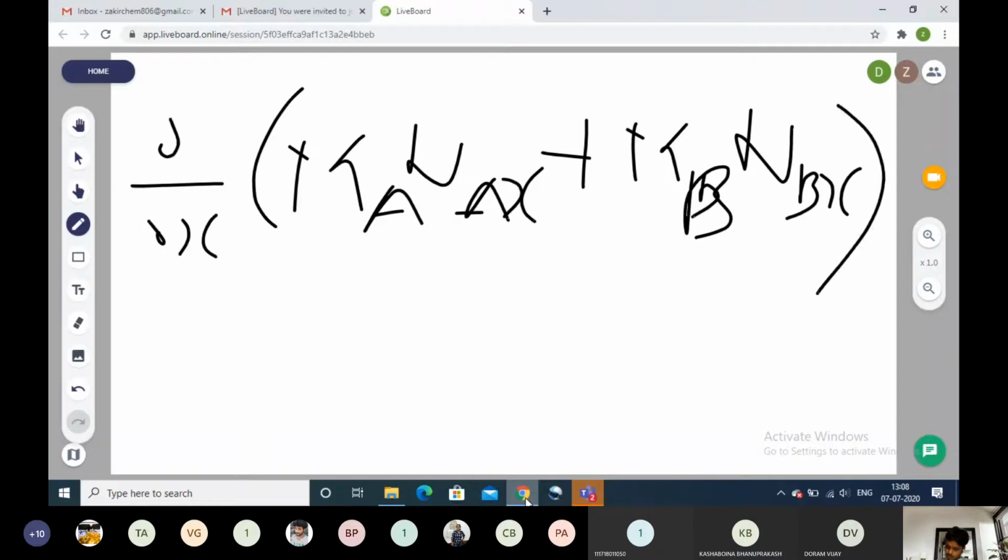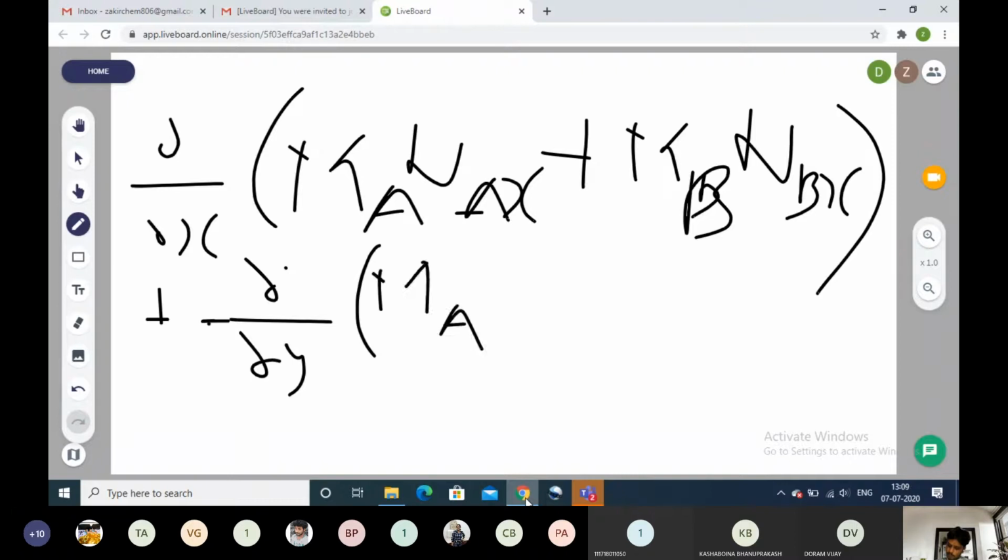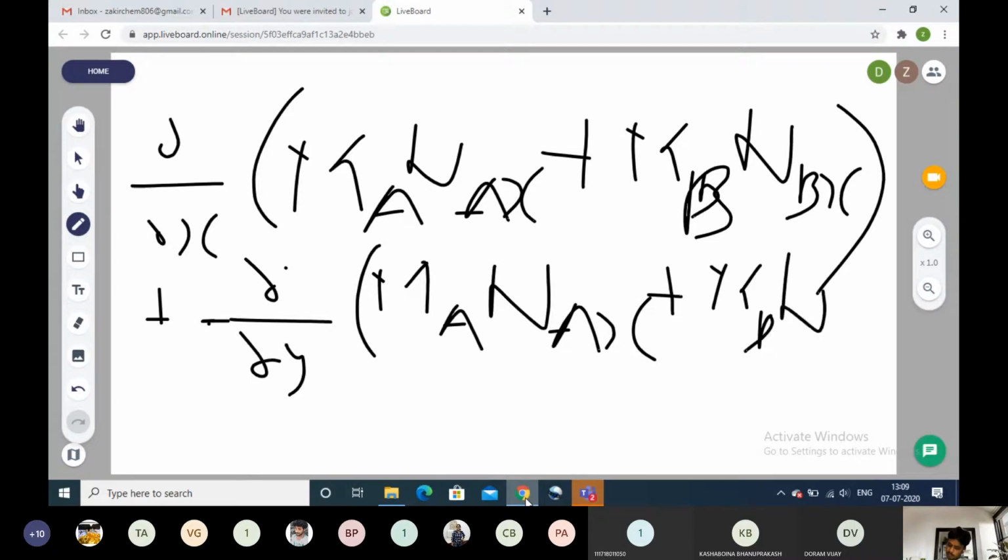This is the first term which is left from the previous equation. Then dou by dou y of MA NAY plus MB NBY.